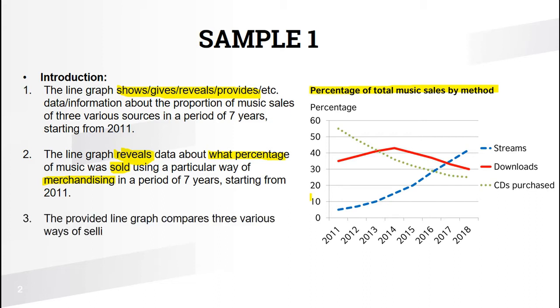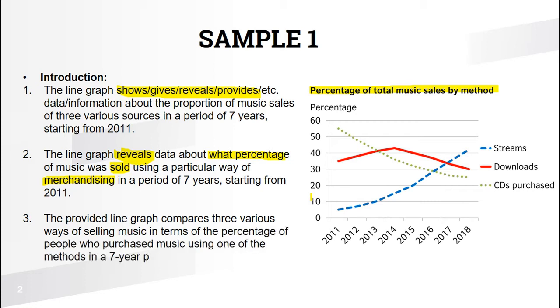Way number 3. Personally, I prefer writing this way, and I think it is more complicated and much better. The provided line graph compares, and the important thing is this, 3 various ways of selling music, in terms of the percentage of people who purchased music using one of the methods in a 7-year period, starting from 2011.